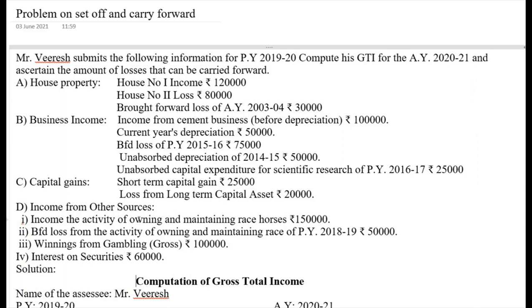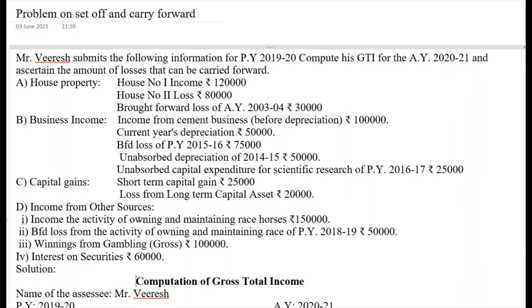Capital gain: we have got a short-term capital gain of 25,000 which is taxable. Then there's a loss from long-term capital asset which cannot be adjusted against either short-term capital gain or against other heads of income, so it should be carried forward. Income from the activity of owning and maintaining race horses is rupees 1,50,000, whereas the brought forward loss from the same of the previous year 18-19.